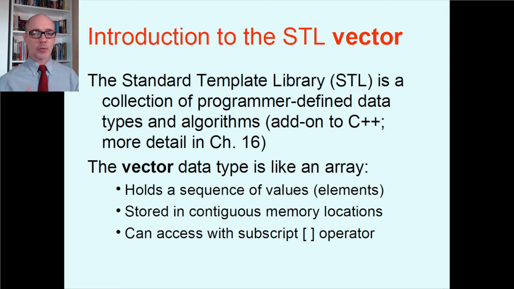Okay, so the vector data type is a lot like an array. It holds a sequence of values like an array does. One thing after another, all the same type, just like an array. They're stored in memory in contiguous memory locations, one right after another. There's no gaps. It's easy to predict where it's going to be in memory, just like an array. And once you've stored some stuff in a vector, you can access those elements with the subscript operator.